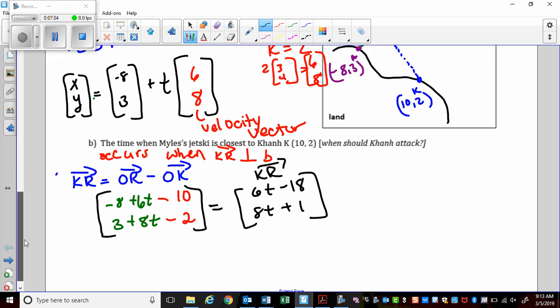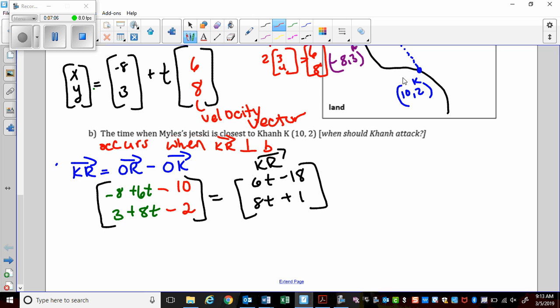Alrighty. Now we know that we want these vectors to be perpendicular. So they are perpendicular, remember, when the dot product equals 0. KR is perpendicular to B when the dot product of KR dot B equals 0. We need this to equal 0. We found KR.